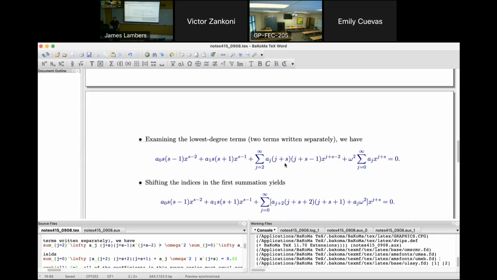The idea is, after you peel off the terms of the 2 lowest degrees, x to the s minus 2, x to the s minus 1, everything else gets combined into one summation, j equals 0 to infinity, and then you have something times x to the j plus s. It can always be done for this type of ODE.